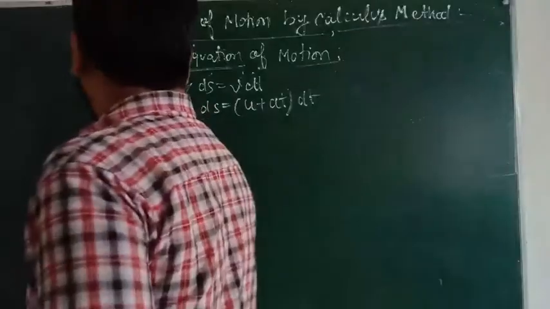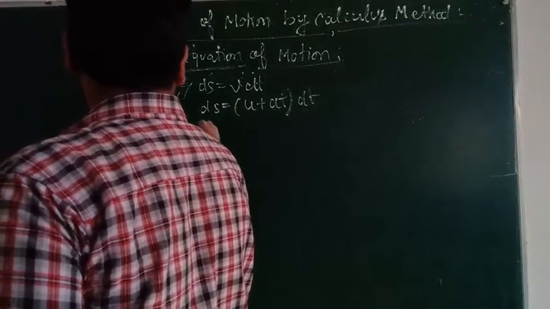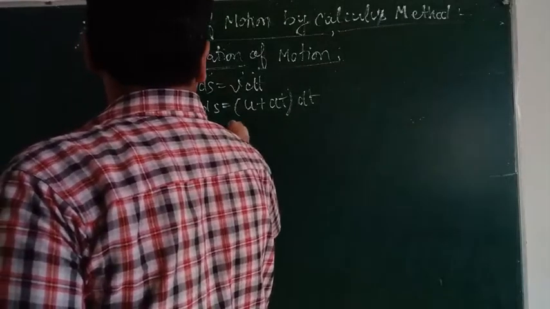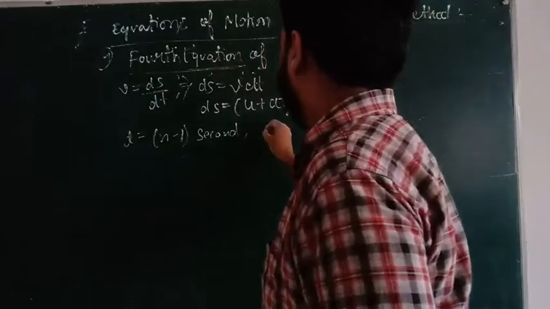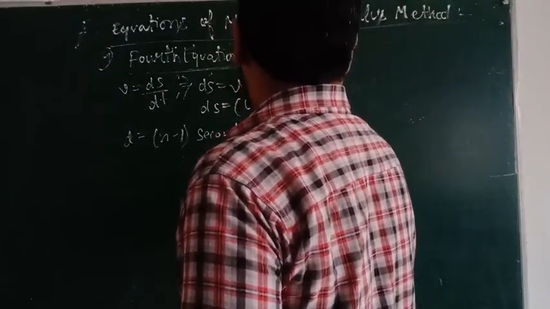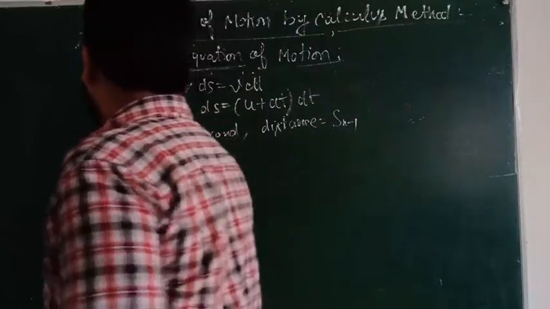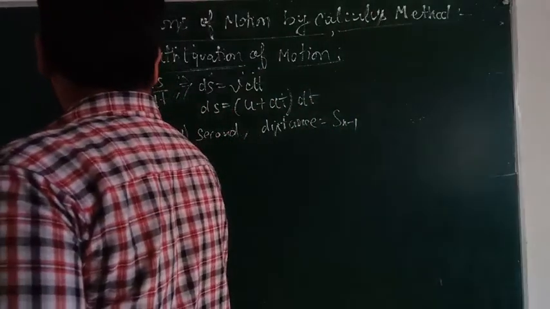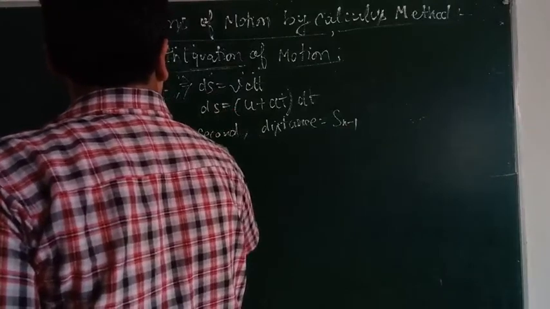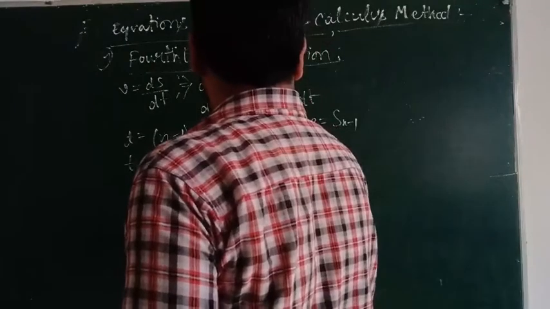Now when t is equal to n minus 1 second, what is the distance? Distance is S(n minus 1). If t is n second, in n second how much distance is traveled? Then the distance traveled is Sn.